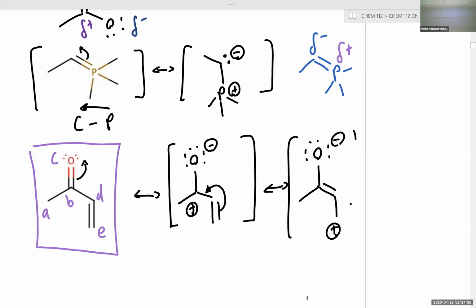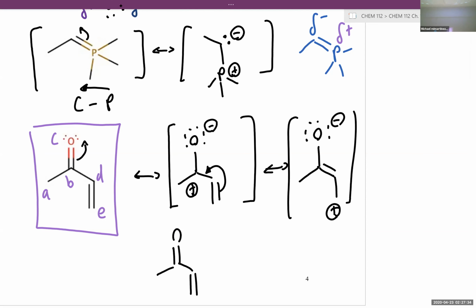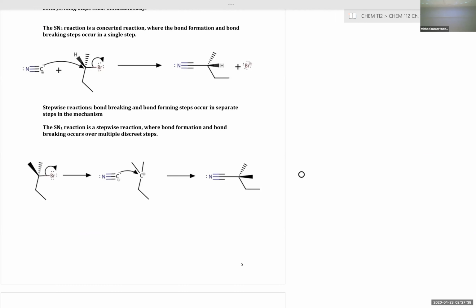Okay, so looking at our resonance contributors now, and looking at our overall structure, let's start by identifying which sites are electron rich.